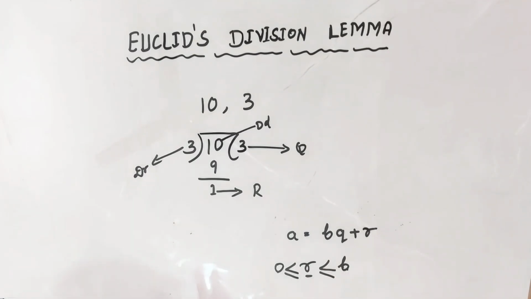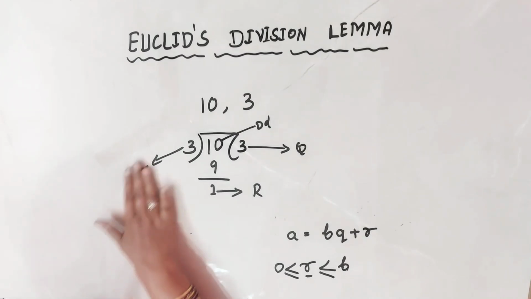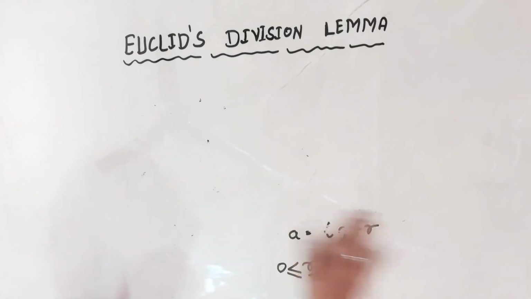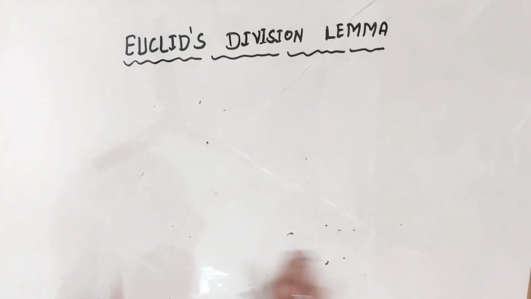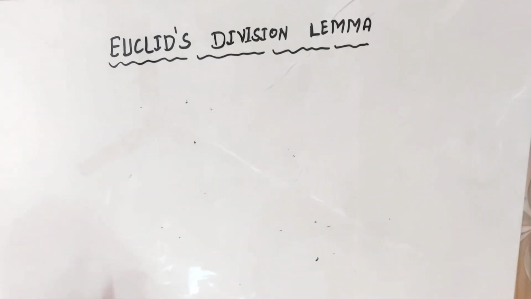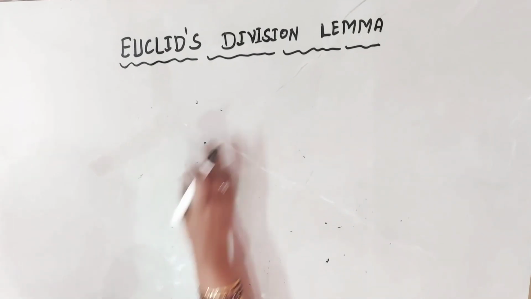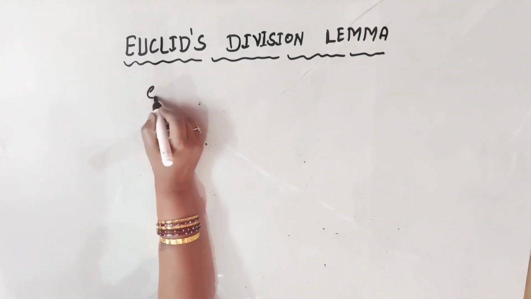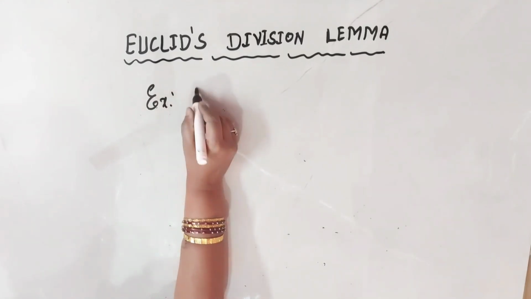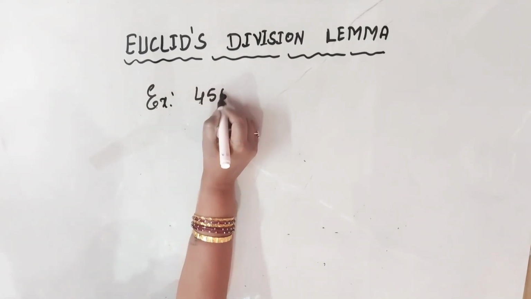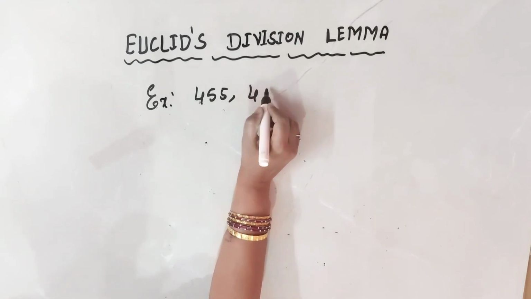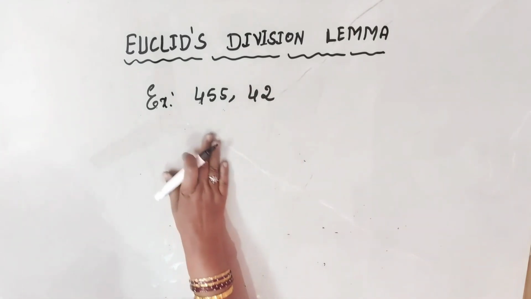Now we will see this relation for some bigger numbers. Let us take one example and do that. I am taking two numbers, 455 and 42, two positive numbers, as the example.